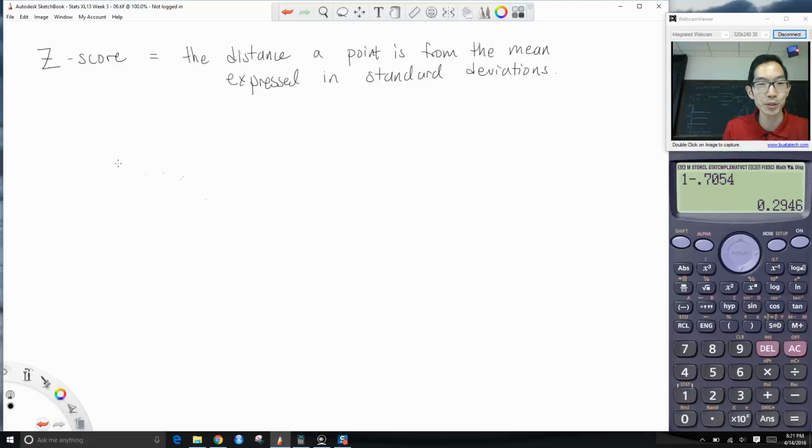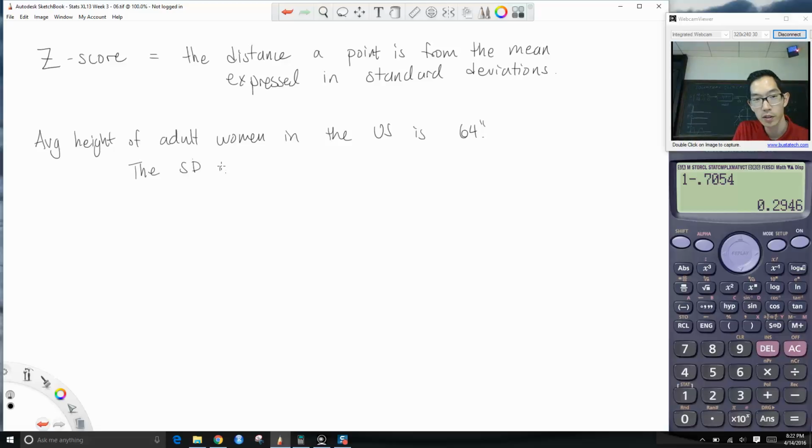Let's say the average height of adult women in the US is 64 inches, and the standard deviation of these heights is 3 inches. I think this is very simple, but we'll try it out.